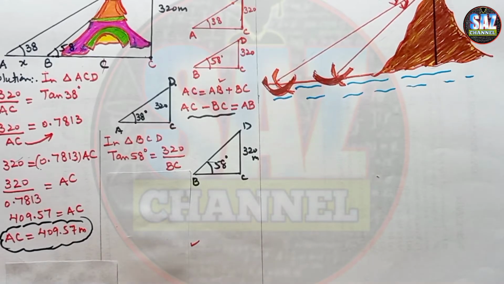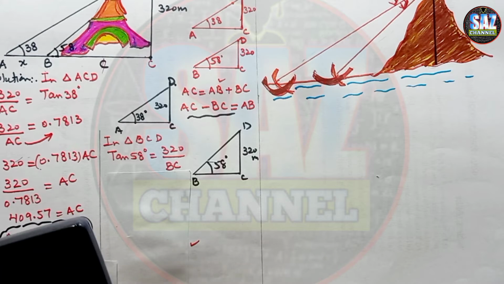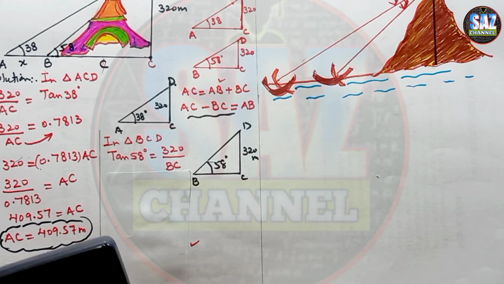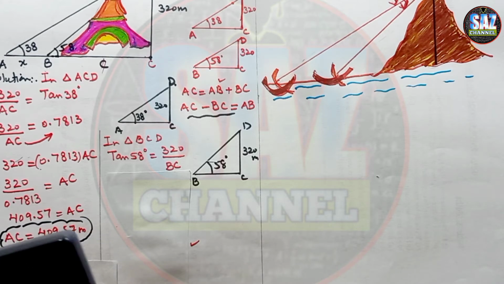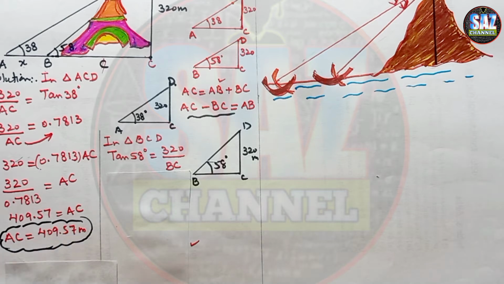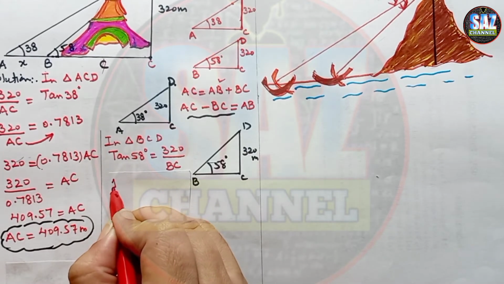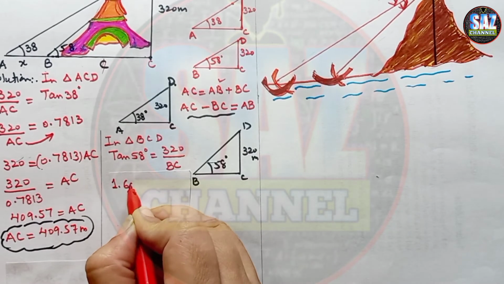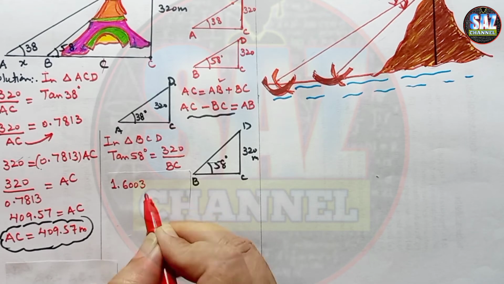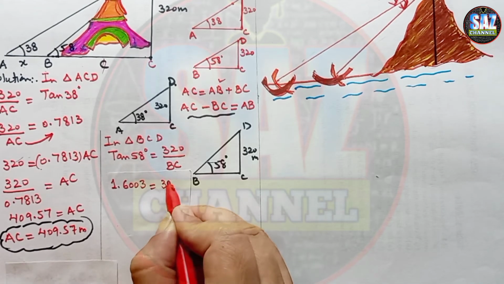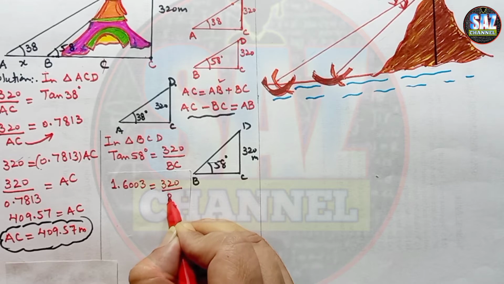Now hold the calculator and check tangent 58 degrees equals 1.6003, so 1.6003 equals 320 divided by BC.